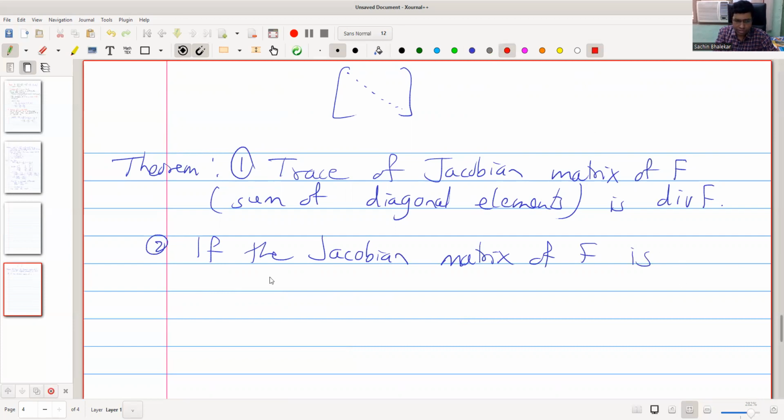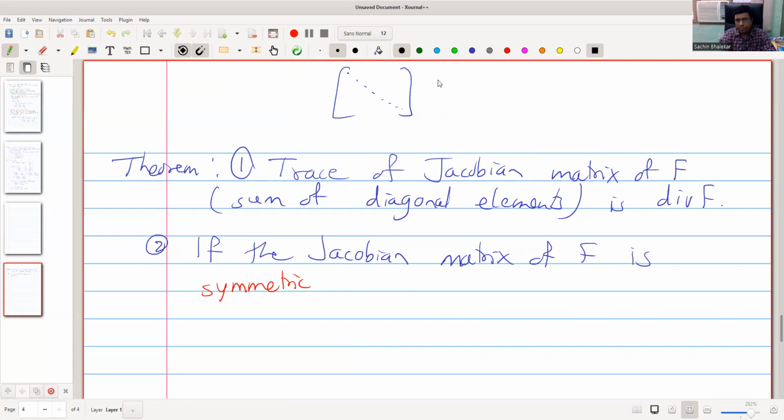Symmetric matrix means the transpose of that matrix is the same as itself, meaning if we interchange rows and columns, then we get the same matrix.